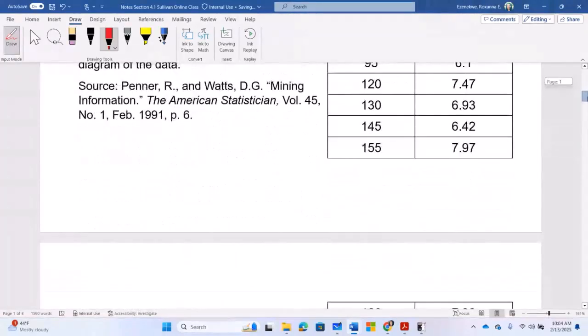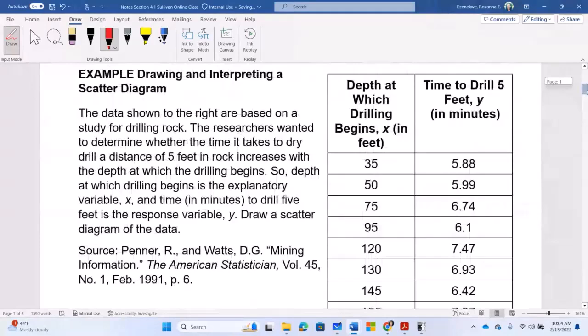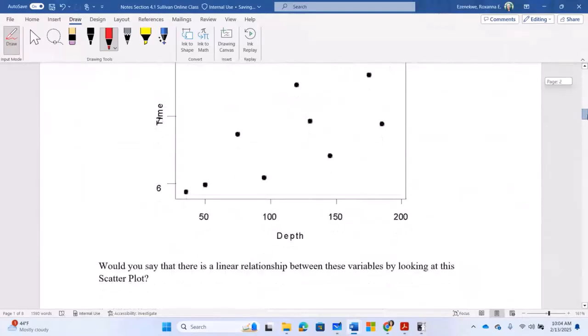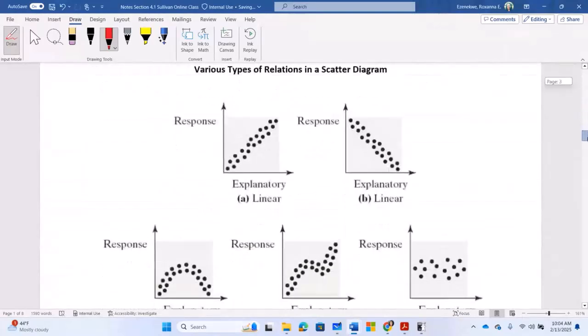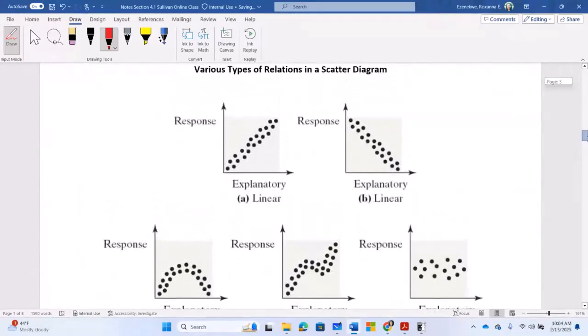All right, so we are going to use data here to practice drawing a scatter plot. So we're going to get a calculator and draw a scatter plot of this data. But before we draw the scatter plots, let's first go and see the kinds of scatter plots that we have.